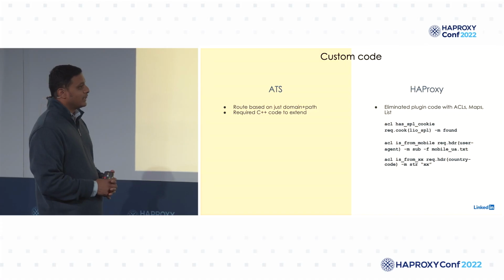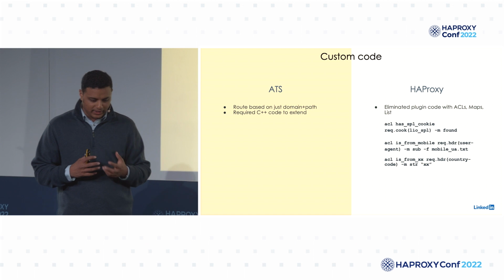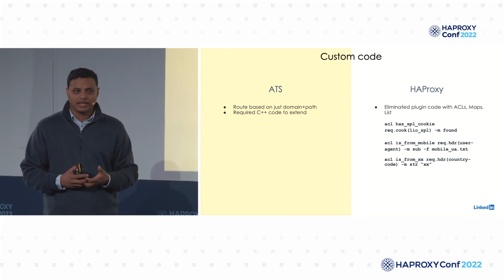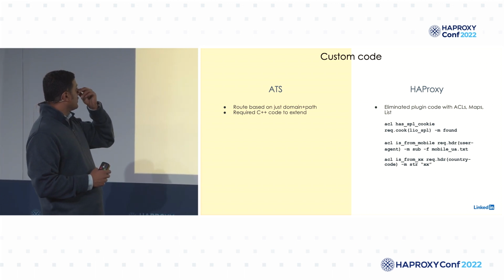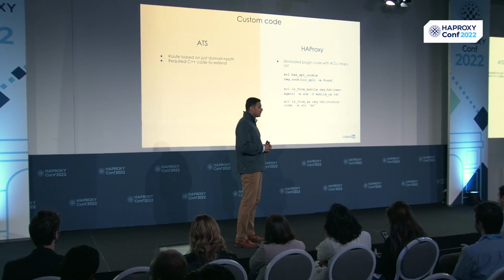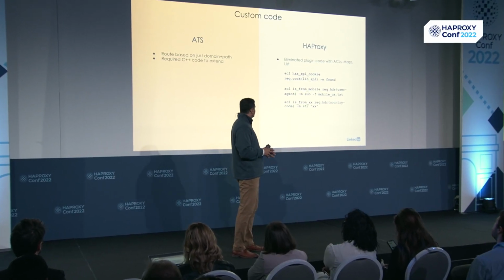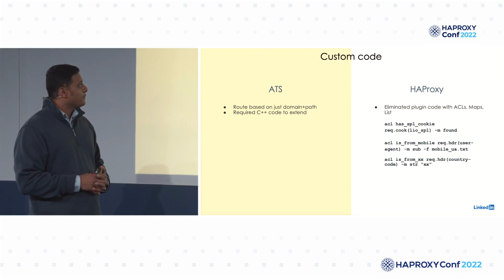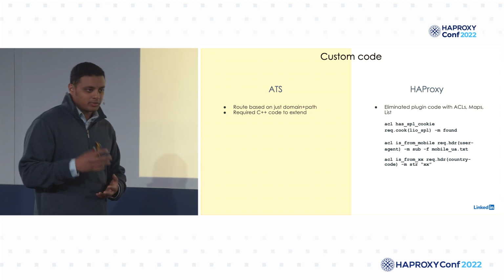Next, we're looking at some of the custom code that we have and seeing how we can capture the same thing using the native constructs in HAProxy. Currently in ATS, we can only route based on domain and path. Any other way of routing, we need to add a custom plugin. Comparing that in HAProxy, we can just write an ACL. Let's say I want to route using some special cookie.